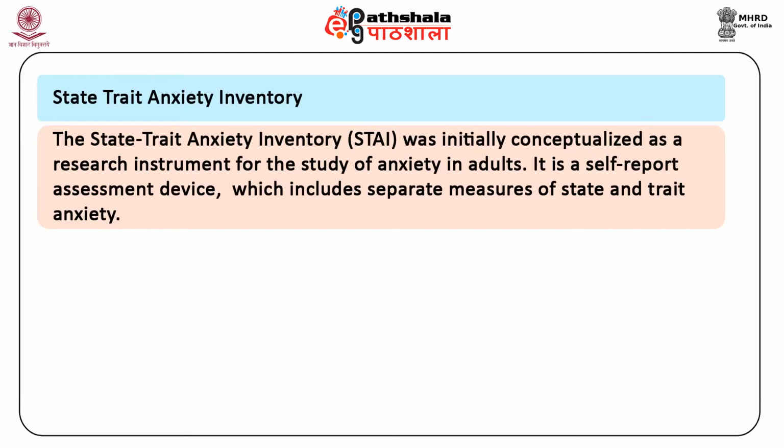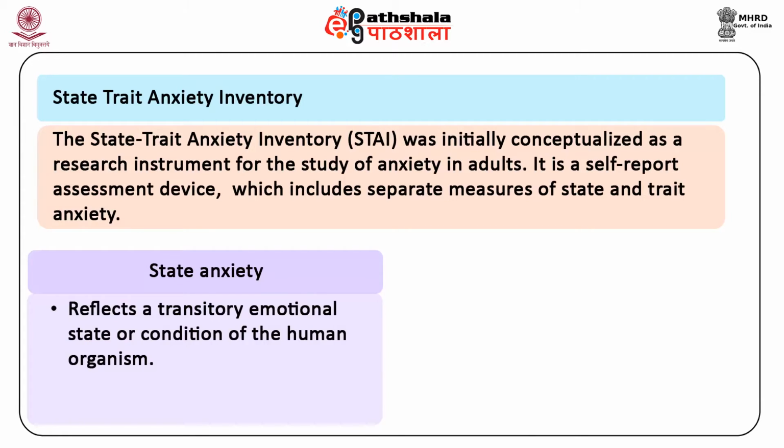According to the author, state anxiety reflects a transitory emotional state or condition of the human organism that is characterized by subjective, consciously perceived feelings of tension and apprehension and heightened autonomic nervous system activity.